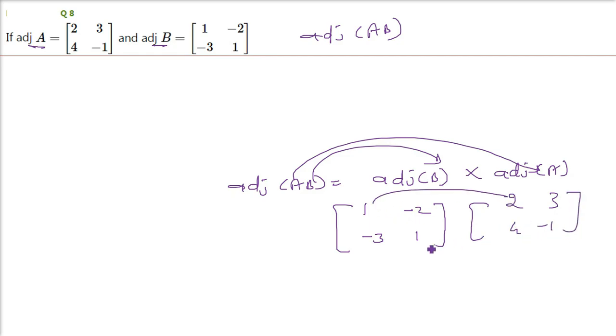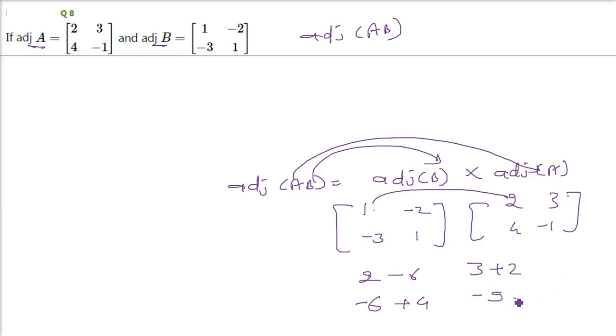So let us multiply this. 1 into 2, minus 4 is 8. It's not 6, it's 8, I'll just change it. Now 3 and minus plus 2. So this is already done: first row with both the columns. And now the second row with both the columns. So minus 3 into 2 plus 4 into 1. Next one is minus 3 into 3 plus 1 into minus 1.